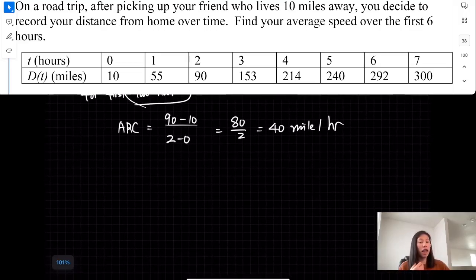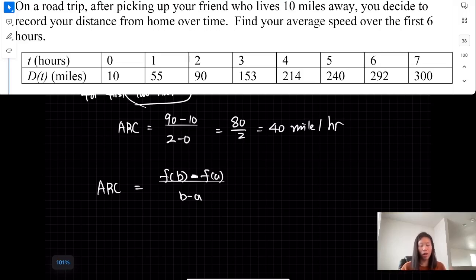In notation, the average rate of change is equal to f of b minus f of a over b minus a. In a sense, this is similar to y2 minus y1 over x2 minus x1.